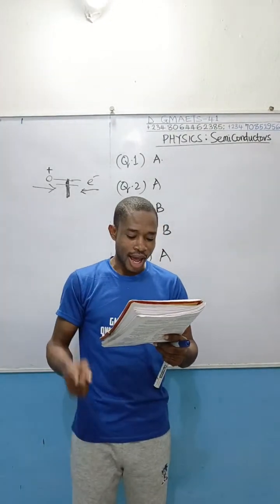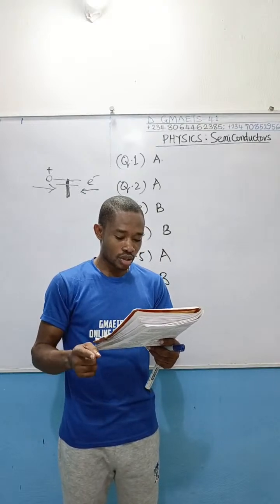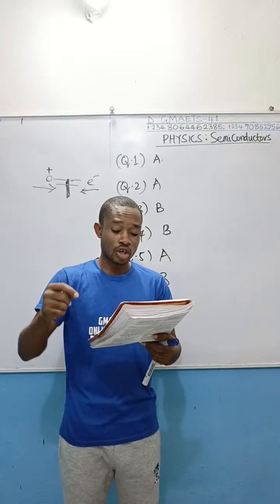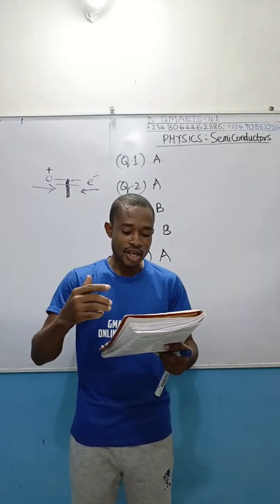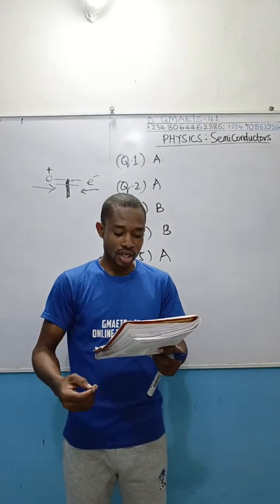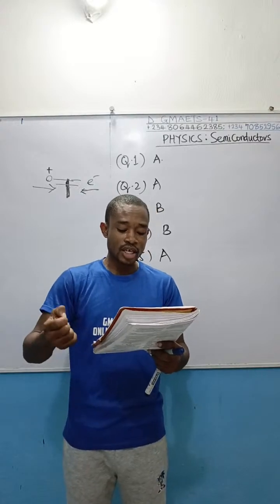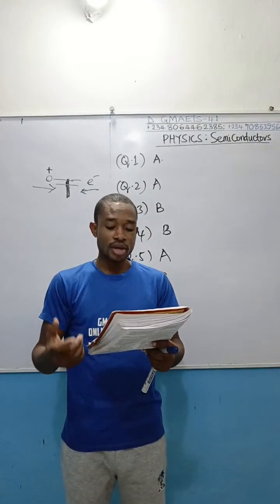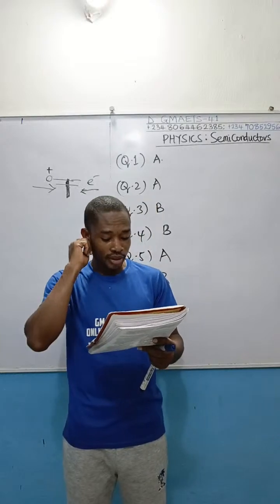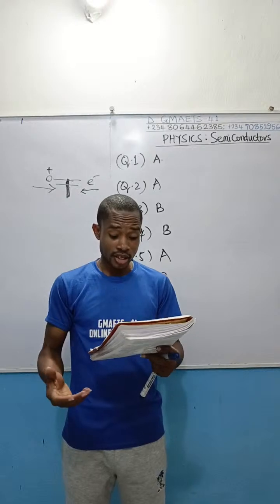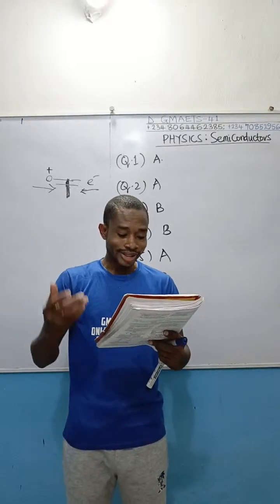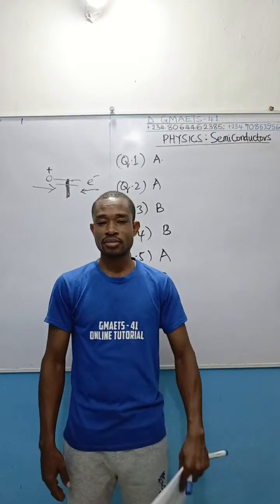When impurities are added to semiconductors, the conductivity of the semiconductor: A, remains constant; B, increases then decreases; C, increases; D, decreases.